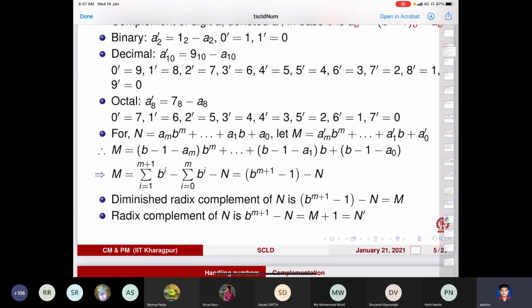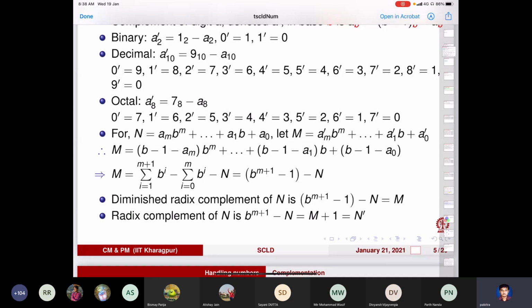Sir, we can't do this for decimal numbers. Why? Sir, what we are doing is replacing its coefficient by its digit complement. So if it has 2, I will make it 7. If it is 3, I will make it 6. I'll complement each digit. Say for example, take the number 234.